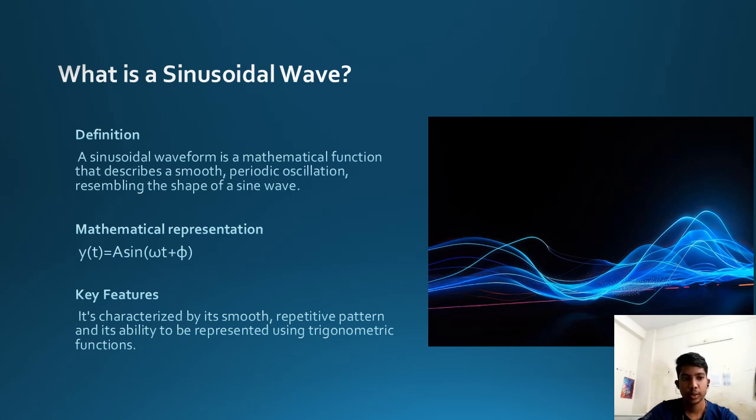It is commonly associated with phenomena like sound waves, light waves, and alternating current electricity. The representation of the sinusoidal waveform in mathematics is y of t is equal to A sine of omega t plus phi, where A is the amplitude, omega is the angular frequency, and phi is the phase difference.